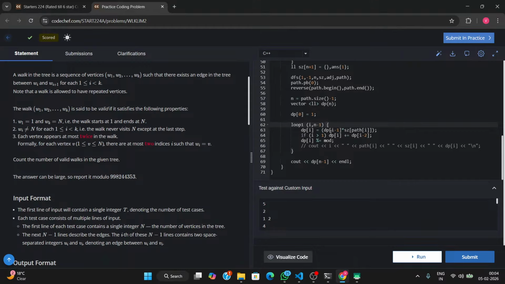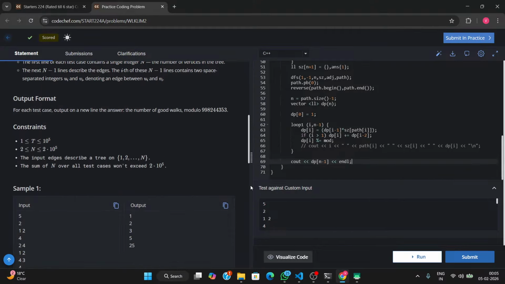For DP i, it is DP i minus 1 times the size of the current element, which is stored in the path, right? And if i is greater than 1, considering the edge case for i equal to 1, we cannot go back two spaces, we will simply add DP i minus 2 also in our DP i. And then we took mod and simply gave the output of DP n minus 1.